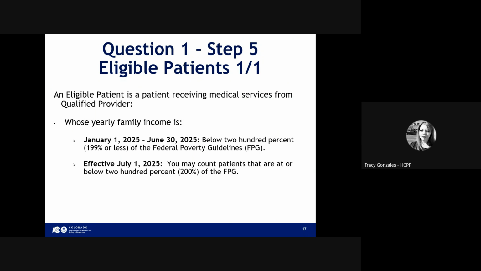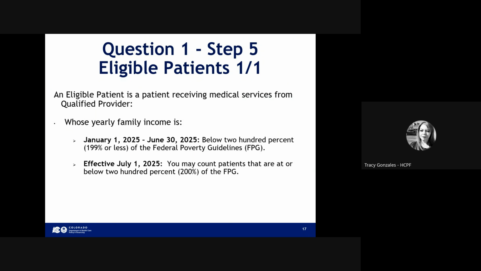An eligible patient is a patient receiving medical services from a qualified provider whose yearly family income, from January 1st, 2025 to June 30th, 2025, is below 200%. So that's 199% or less of the federal poverty guidelines.